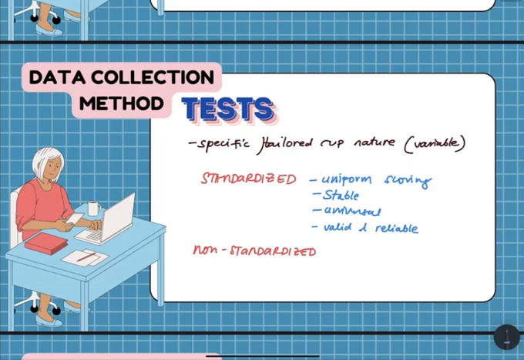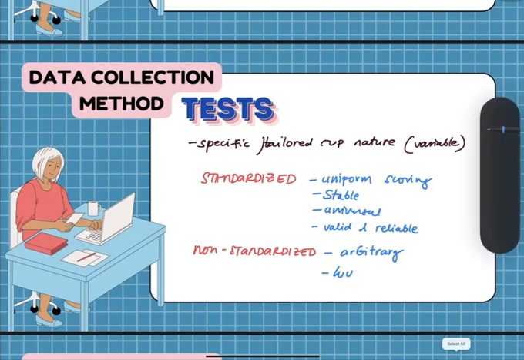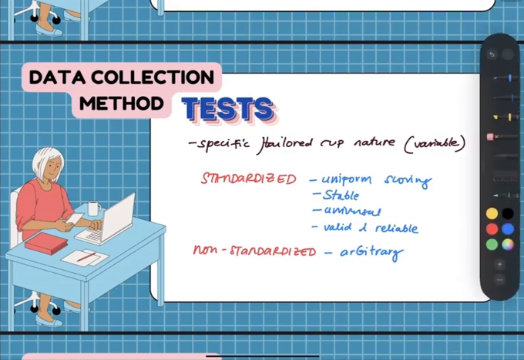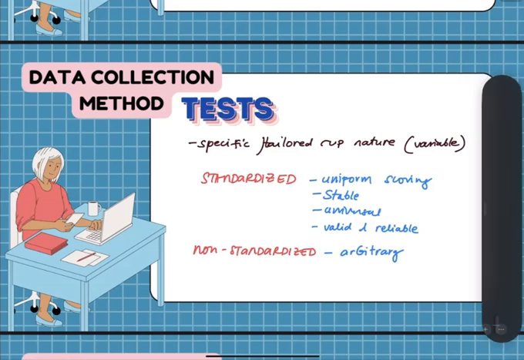Here, the scoring is arbitrary, meaning it depends on the proponent or researchers how they establish the scoring system for the test. And actually, sorry, not low validity, but it actually has low reliability, but it's a valid test.